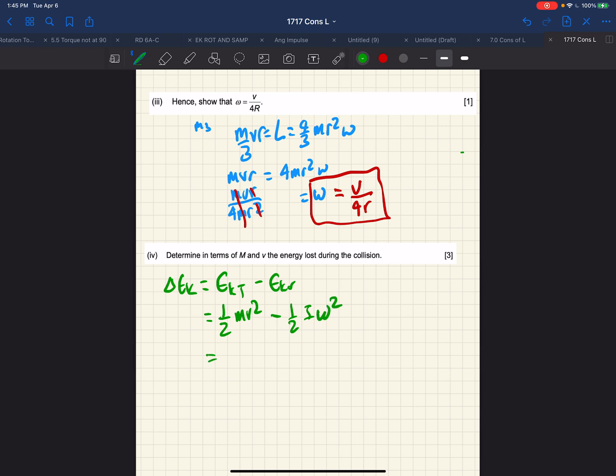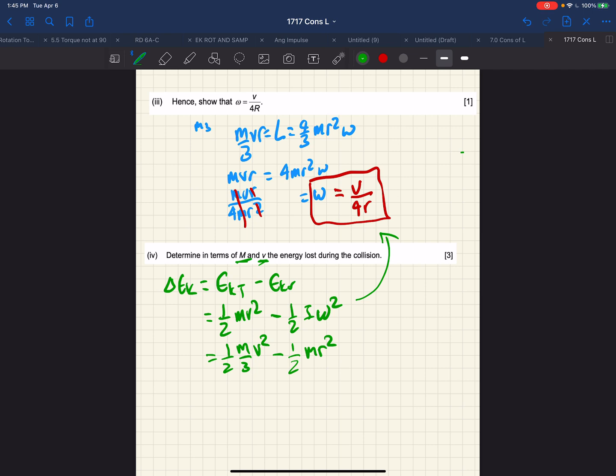That's important to remember that in the beginning, the mass was m/3. So we are looking at 1/2 m/3 v squared minus 1/2, and the moment of inertia is generically mr squared. And omega we just found up here. We want to know m and v, so we need to get rid of omega.